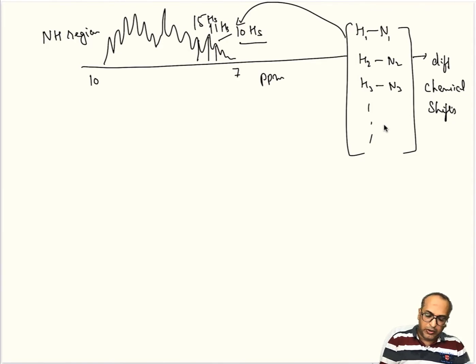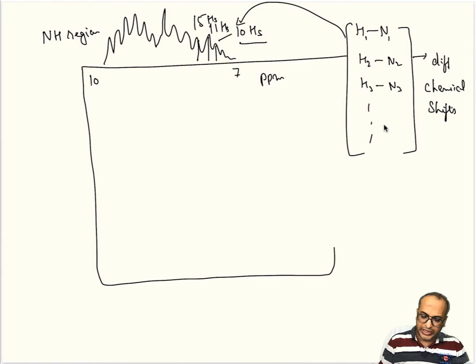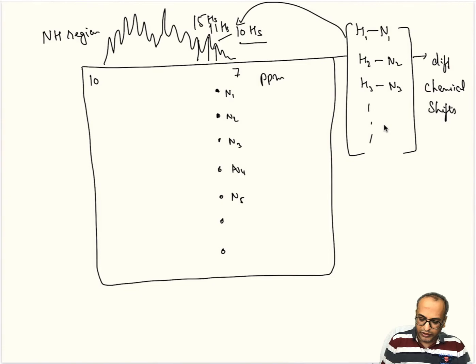Now if I extend this spectrum to a second dimension, and pull these hydrogens to different nitrogen chemical shifts, let's say this is N1, N2, N3, N4, N5, N6, N7 and so on.